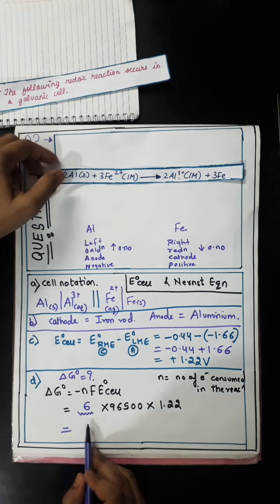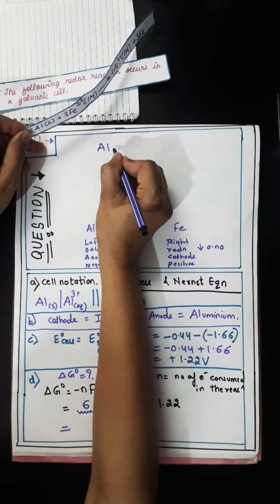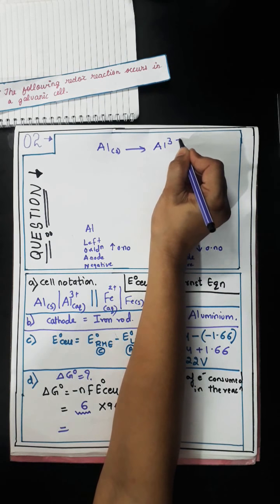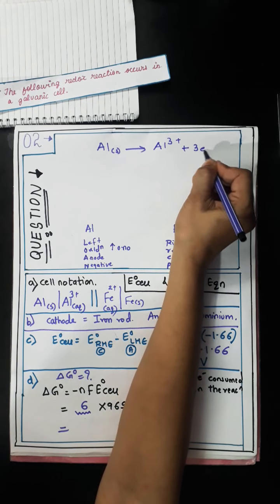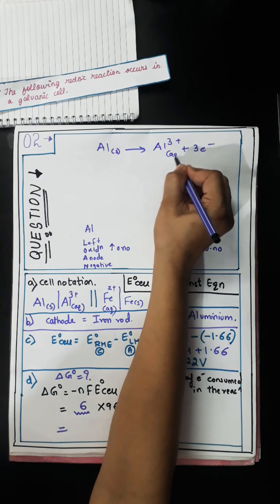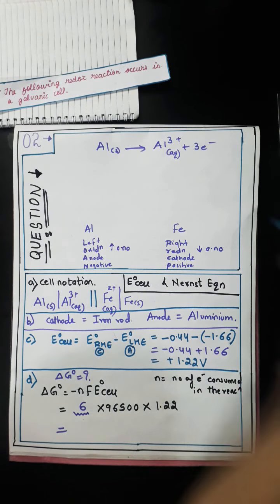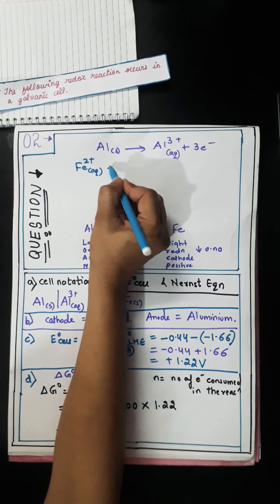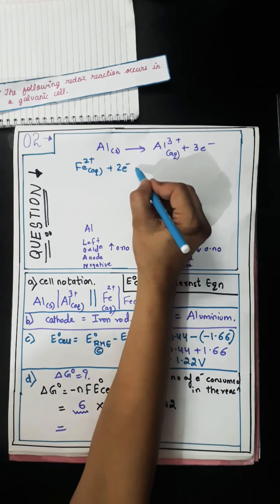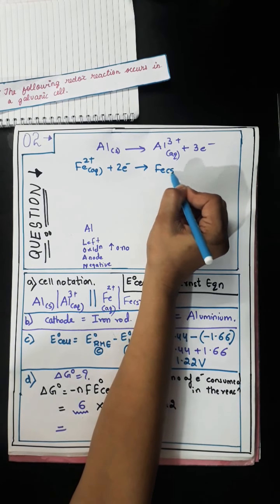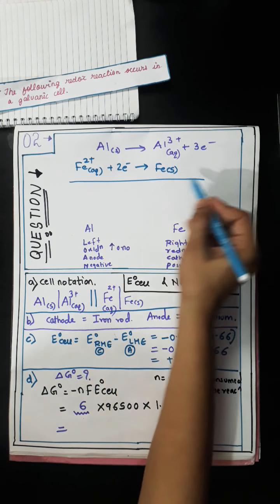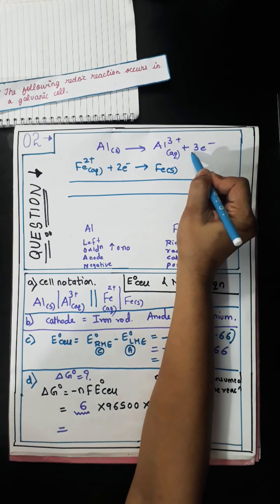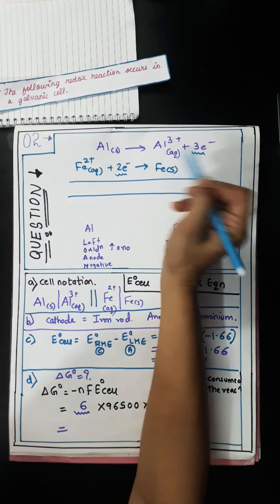Students, we have aluminium solid, which is becoming aluminium ion by loss of 3 electrons. And we have Fe plus 2 aqueous, which is gaining 2 electrons and then becoming Fe solid. Now, when we write the net cell reaction, we have to see that the number of electrons should be the same.